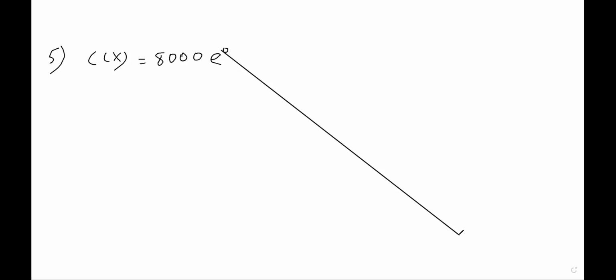So we can just write out the function. All right, so number 5, the function given to us is C of x is equal to 8,000 multiplied by e raised to the power of 0.02x. All right.